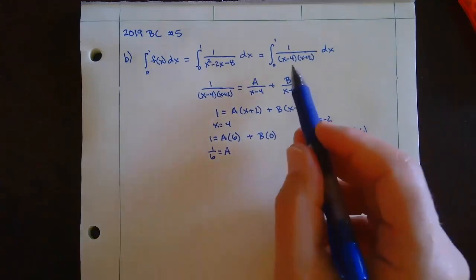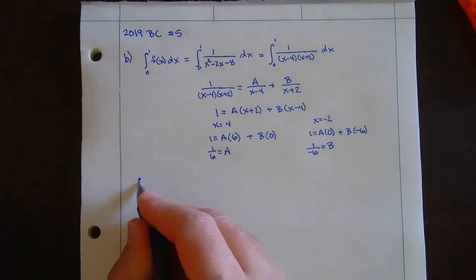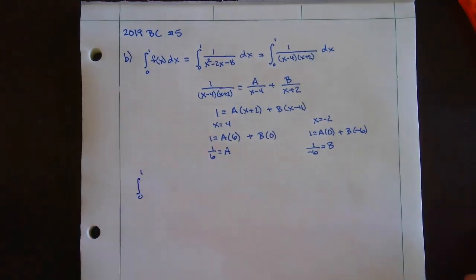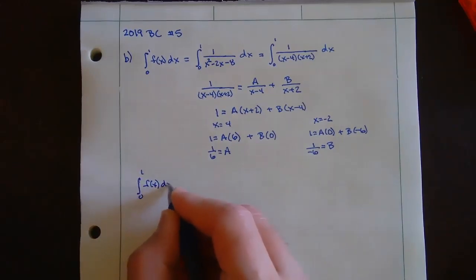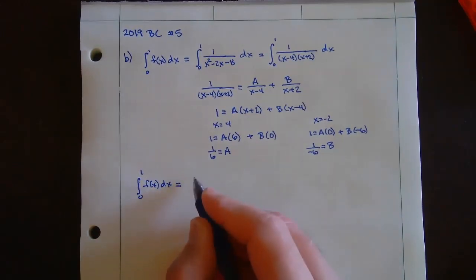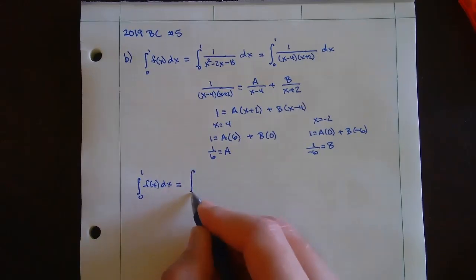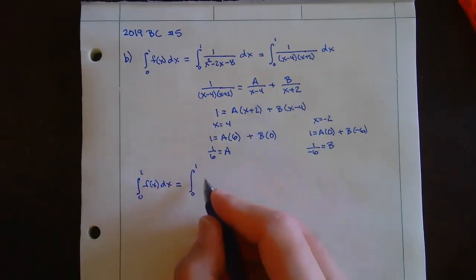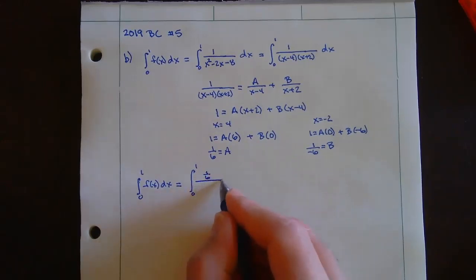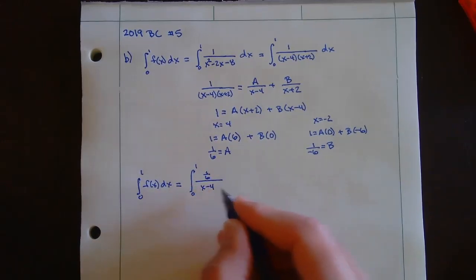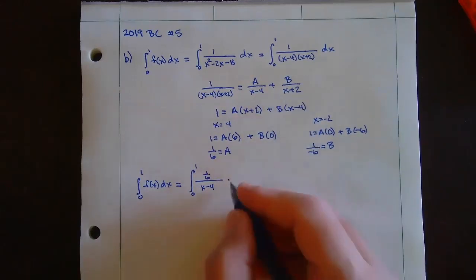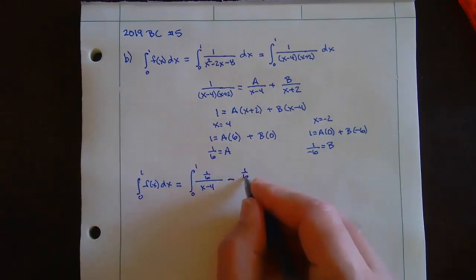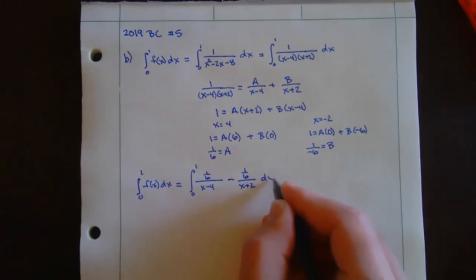So now I can break this integral, right? So the integral from 0 to 1 of f of x dx is equivalent to the integral from 0 to 1 of 1/6 over x minus 4, and then because b is negative, this is going to be minus 1/6 over x plus 2, and then dx.